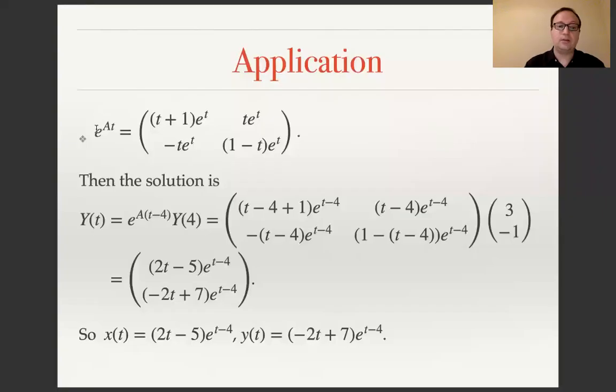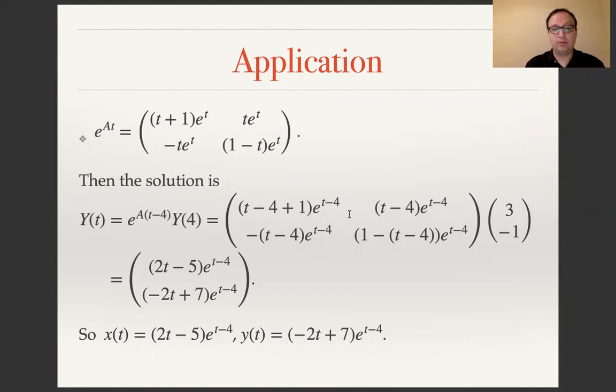Okay, so then let's use this matrix exponential that we have computed and plug it into the formula for the solution. So we want y of t, which is e to the A times t minus 4, applied to y of 4. So we take the formula for the matrix exponential e to the At and replace t by t minus 4 because we want e to the A times t minus 4.